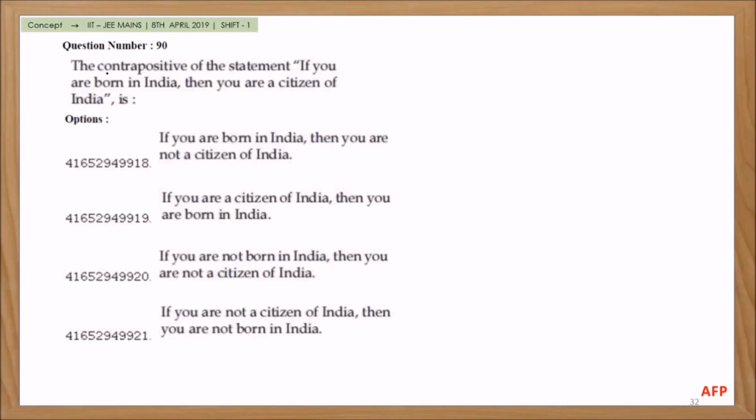Next problem: contrapositive of the statement, if you are born in India, then you are a citizen of India.